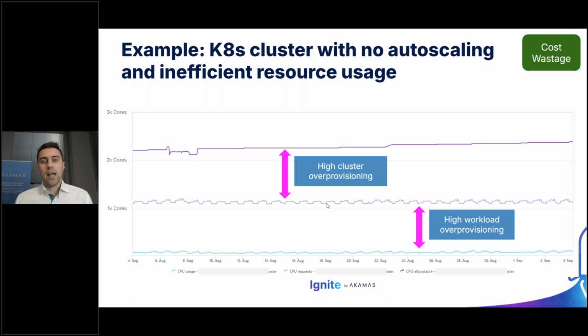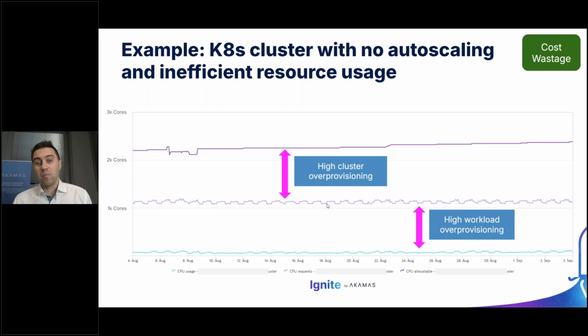So this is a Kubernetes cluster, no auto-scaling. What we can see here is that in blue, you can see the CPU usage of the workloads. In light purple, you can see the CPU request, and in dark purple, you see the total CPU allocatable. Obviously, this kind of situation is really far from the best efficiency that you can achieve because you have both a high cluster over provisioning, so the total CPU allocatable is really distant from the CPU request on your cluster.